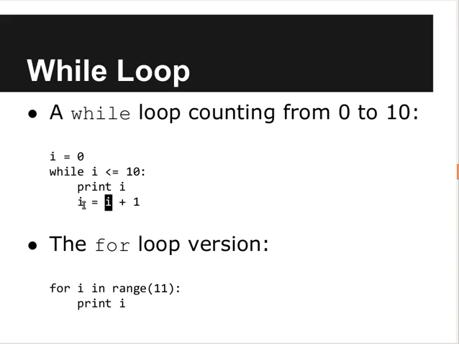Now i equals 1. Come back to the conditional. Is 1 less than or equal to 10? It is. Enter the loop. Repeat the process until you get to the number 11. Once we hit 11, 11 is not less than or equal to 10. Therefore, it turns false and we come out of the loop.